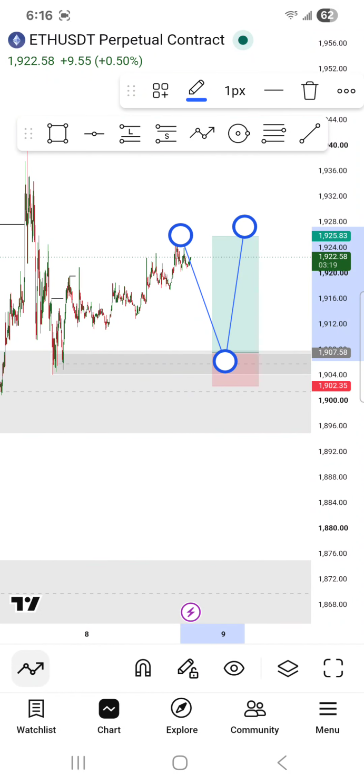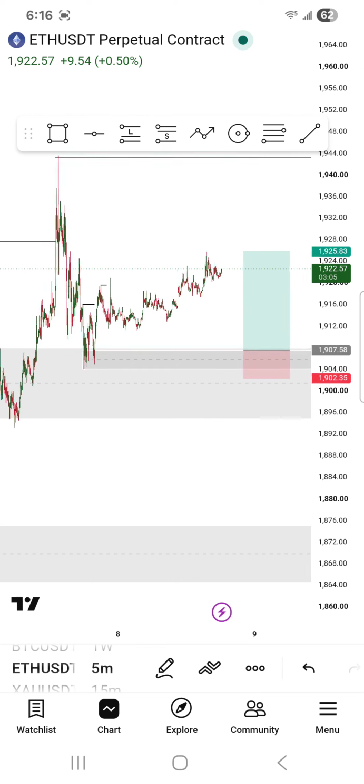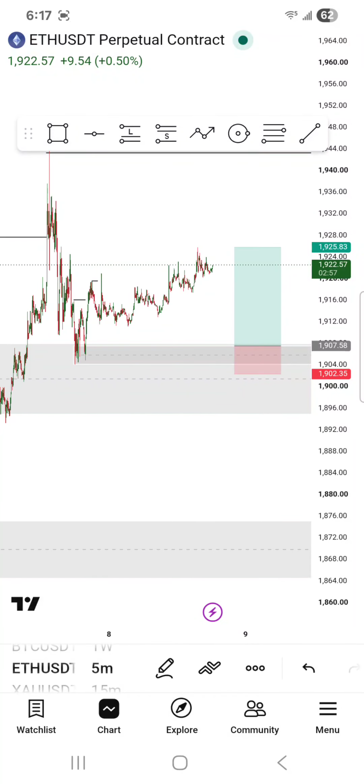Now remember, this is a probability market. When I say probability, it could happen, it could not happen. All right, that is why your risk management must be intact. Do not play with your risk management, guys. Some persons risk 2% per trade, some persons risk 1%, some persons risk 5%.